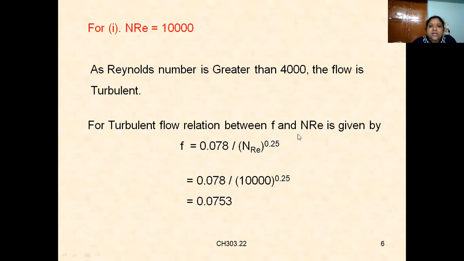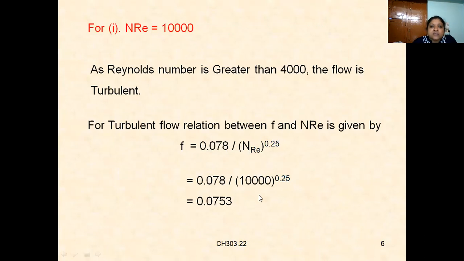For turbulent flow, the relation between f and NRe is given by f is equal to 0.078 by NRe to the power of 0.25. Substitute the value of NRe as 10,000, that is 0.078 by 10,000 to the power of 0.25. We'll get the value of the friction factor.